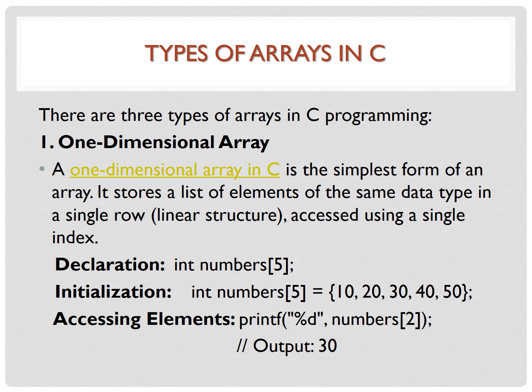So numbers[2] refers to the value 30. When I use numbers[2] in a print statement, my output is 30.